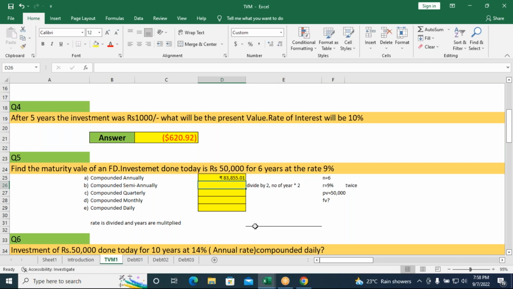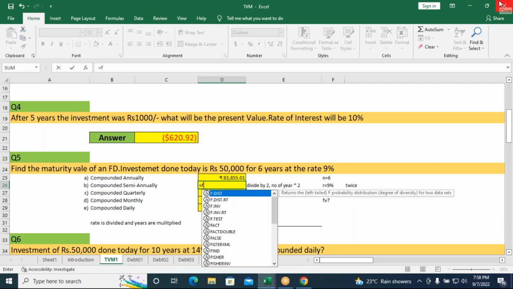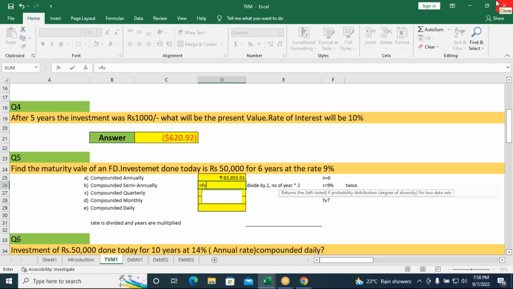So let's put the function and see. Equal to FV, open parenthesis. How much is the rate? It is 9%, so 9% divided by 2, comma. Now nper is 6 multiplied by 2, comma.